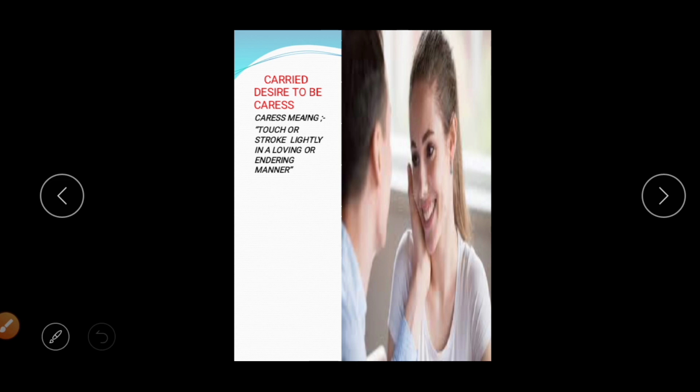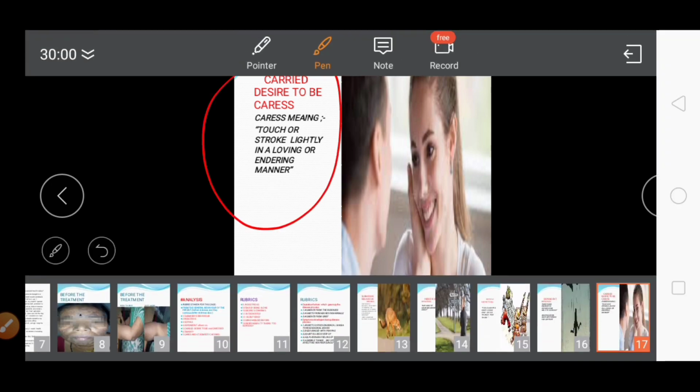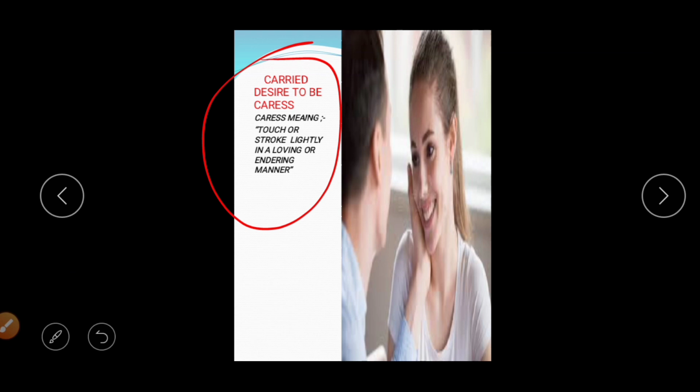She wants gentle behavior from him. So see caressed. Caressed means to touch or stroke lightly in a loving or endearing manner. This type of feeling she wanted from her husband. So I have taken this rubric, desire to be caressed.